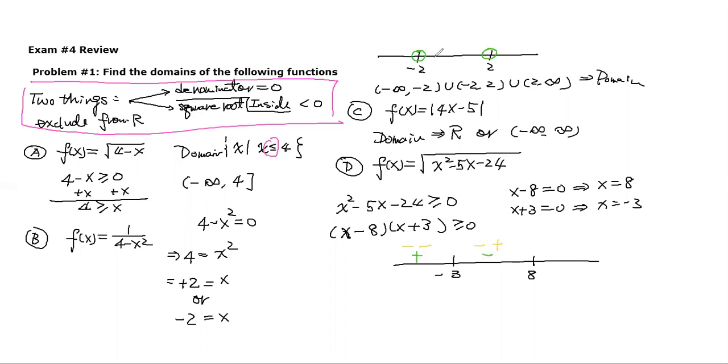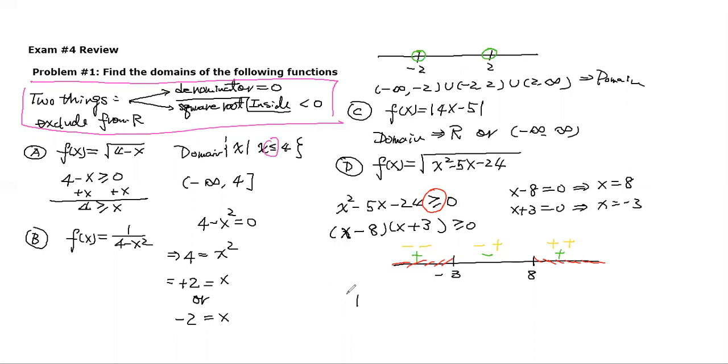Then choose anything in here, like 9, you will get a positive, right? So the overall result is positive. And since you want the whole thing greater than 0, this is the interval I want, and this is the interval I want, right?